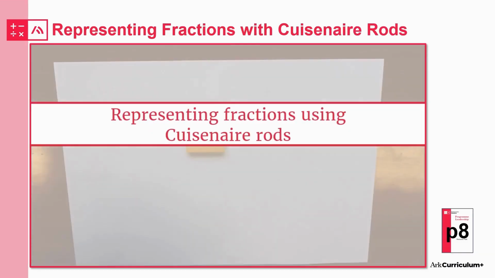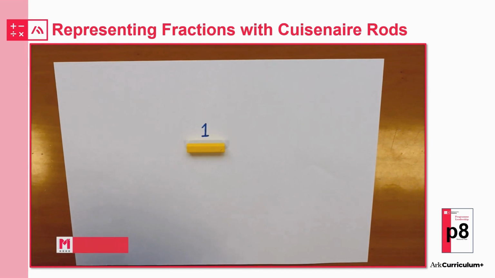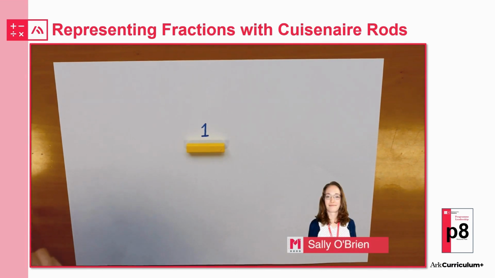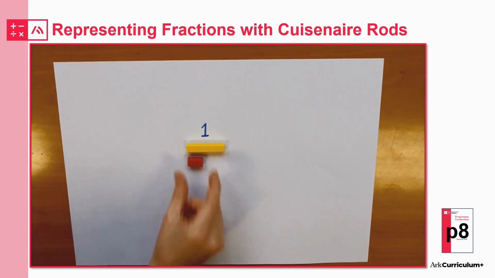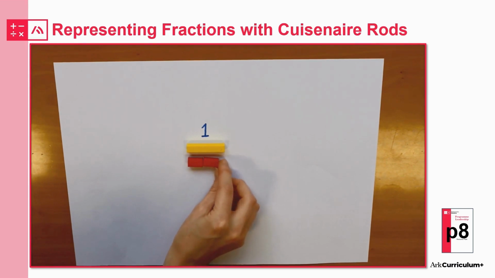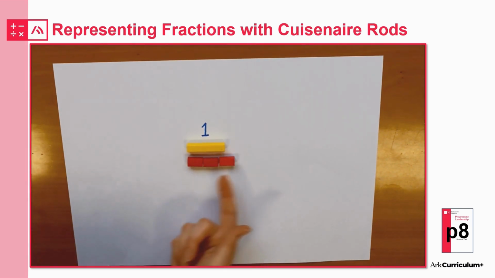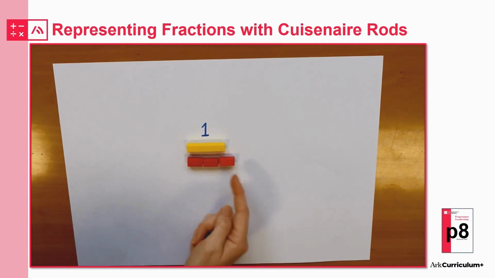Hello and welcome to this video about using Cuisenaire rods to represent fractions. We're going to start by having the yellow rod have a length of 1 and think about how can we work out the length of the red rod. Pupils can start by exploring, trying to make a train of the same length using these rods, but they'll soon see that 2 isn't long enough and 3 is too long.